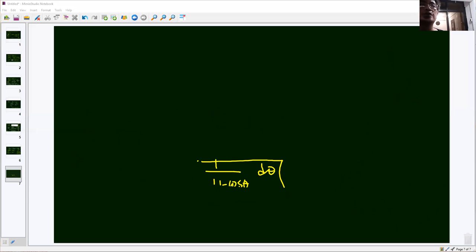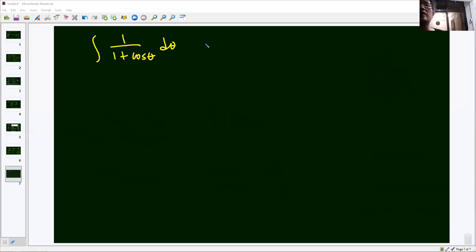So, integral 1 over 1 plus cosine d theta. Okay guys, look. What I'll do is multiply by the conjugate. So, magiging 1 minus cosine above. Obviously, nag-times ako ng 1 minus cosine sa 1. So, I will also multiply 1 minus cosine here, denominator. And you know it would be 1 minus cosine squared, and that is sine squared.